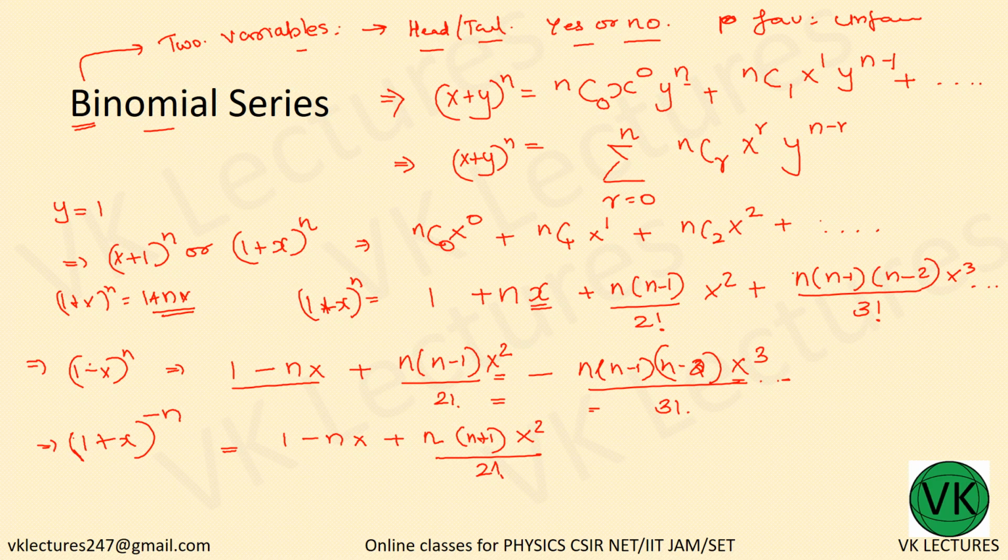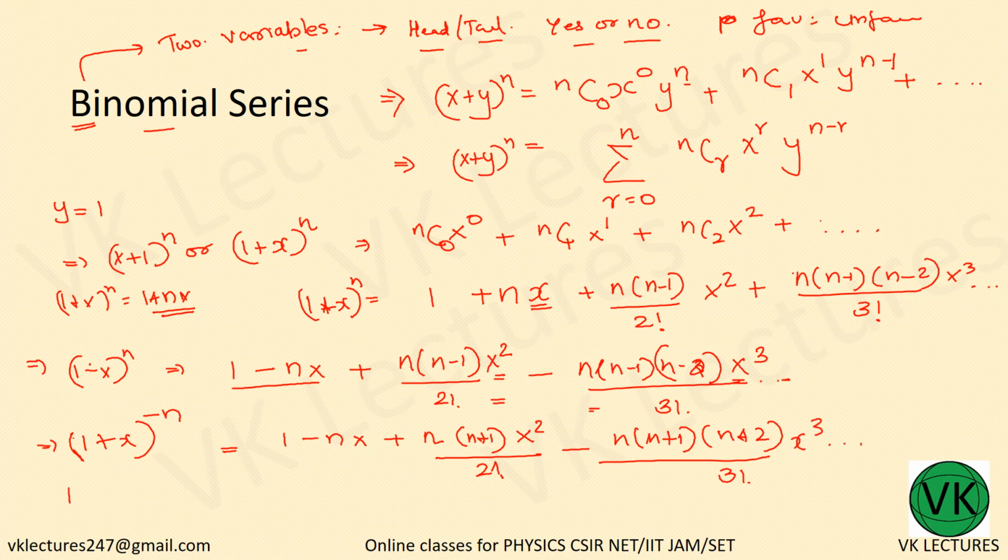Here with 3 terms there, definitely you will have minus, so minus n into n plus 1 into n plus 2 divided by 3 factorial into x cube.